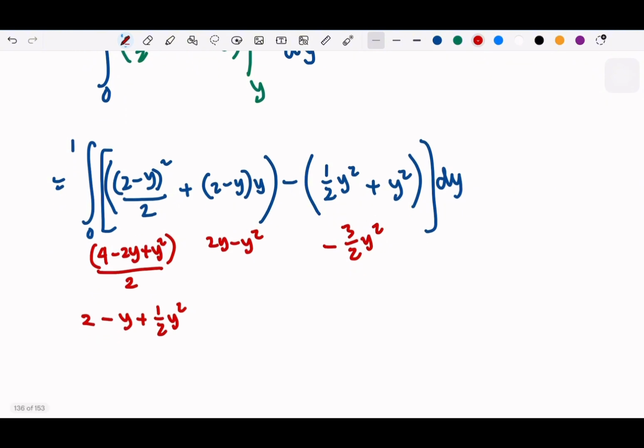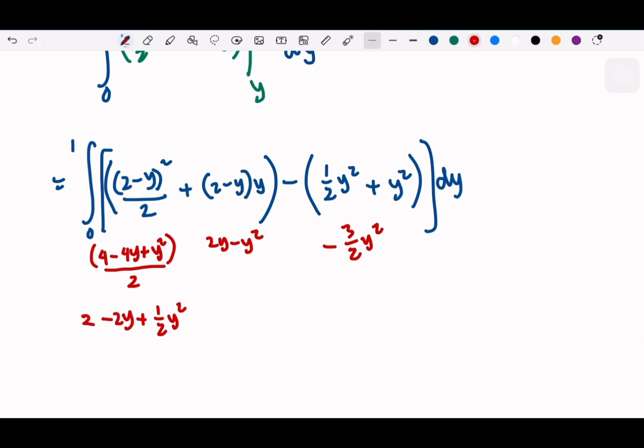Okay. Oh, wait. I did something wrong here. It should be not 2, it should be 4. It should be 4 minus 4y plus, divided by 2. This is 2, this is 2y plus half y squared.